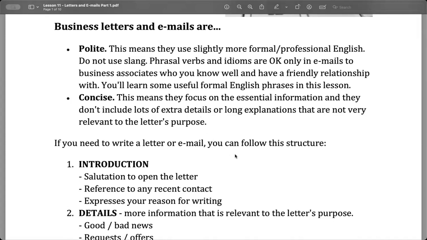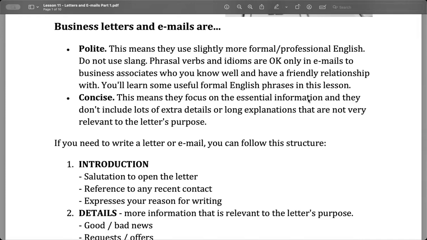You'll learn some more useful formal English phrases in this lesson. Concise. This means they focus on the essential information and they don't include a lot of extra detail or long explanations that are not very related to the letter purpose.